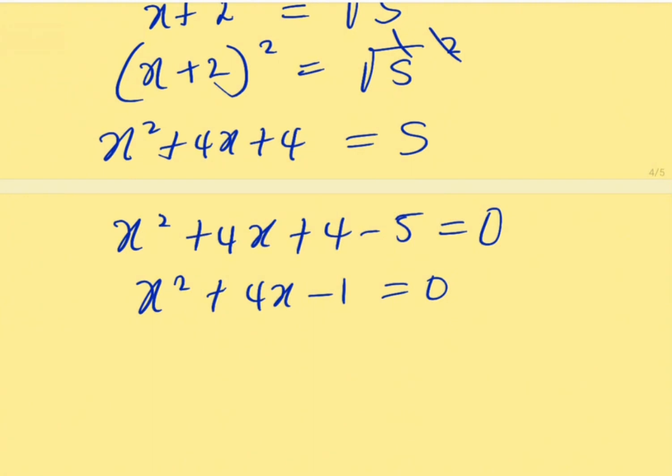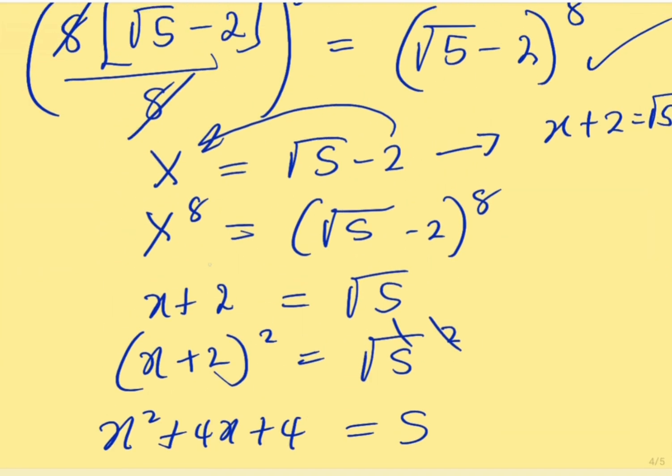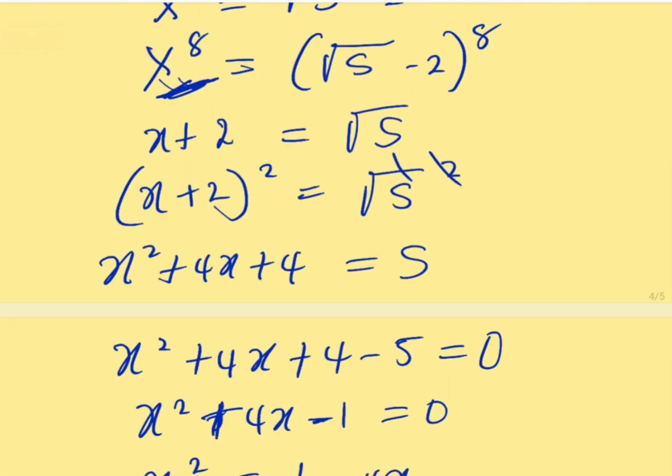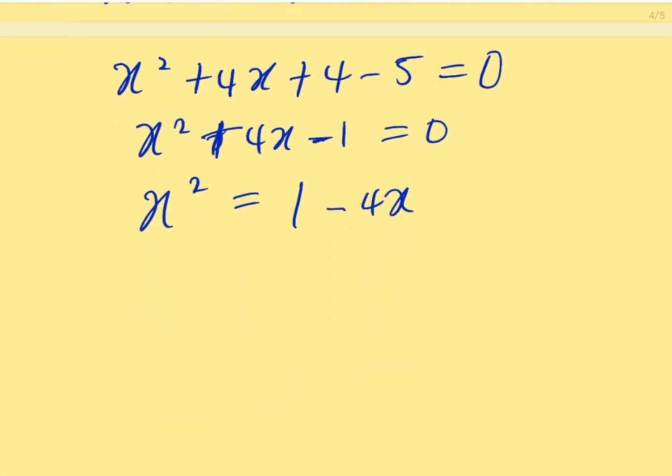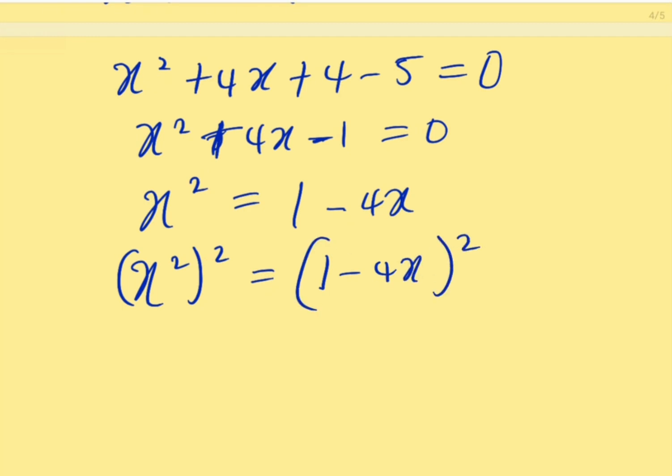Now, let's make x squared the subject. So x squared here will now be equal to this minus 1 coming to the right is plus, and this plus 4x coming to the right will give us minus 4x. Remember, our target is to get x to the power of 8, okay, and see what it will become. Now we have x to the power of 2, so let's square it again. Let's square both sides. This will be 1 minus 4x all to the power of 2.